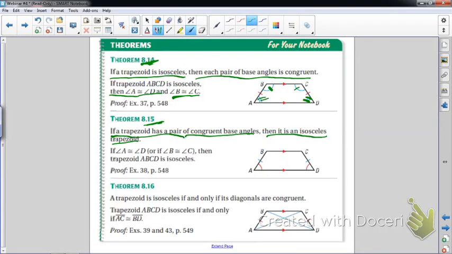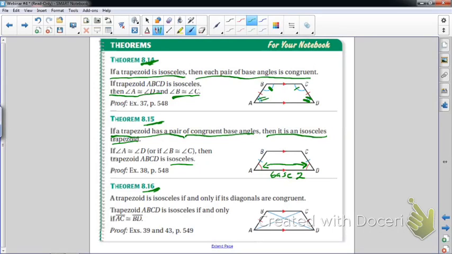So if it has this angle here that's congruent to this one here, and we'll call this one base 2, if they are the same, then we have a trapezoid that is an isosceles trapezoid. We can call this quadrilateral a trapezoid, but we can be a little more specific and call it an isosceles trapezoid.